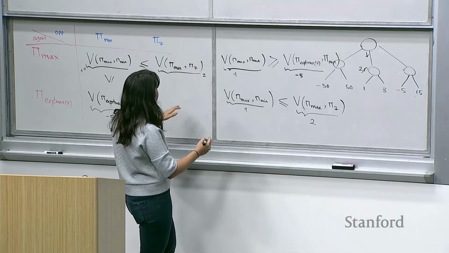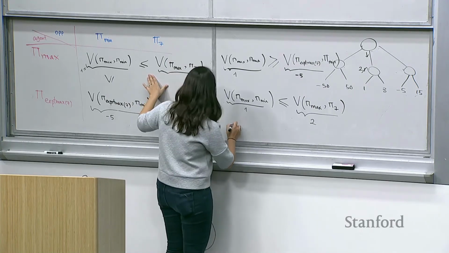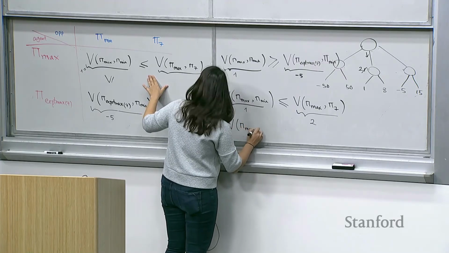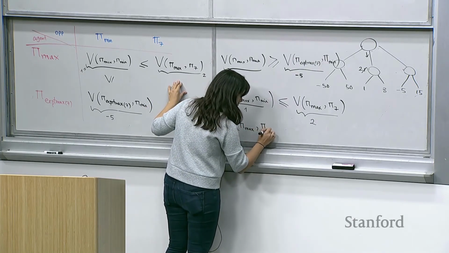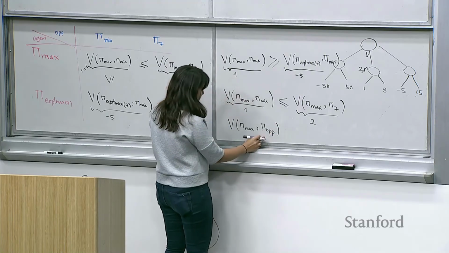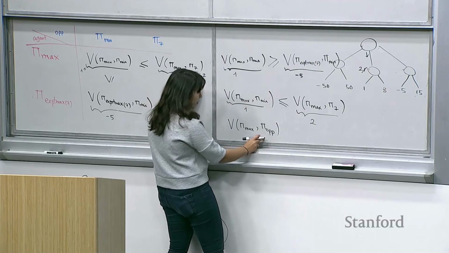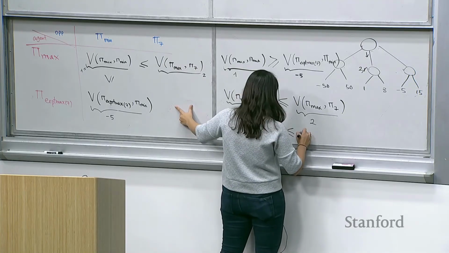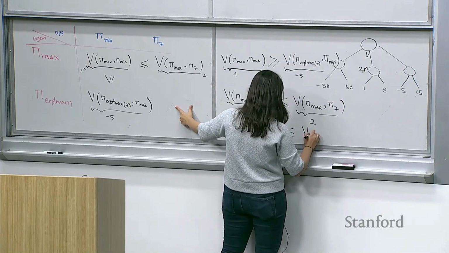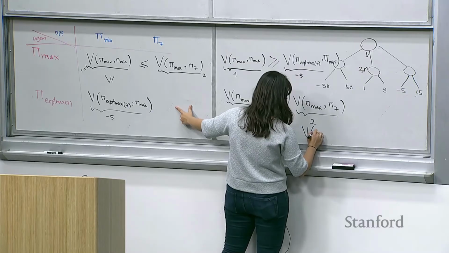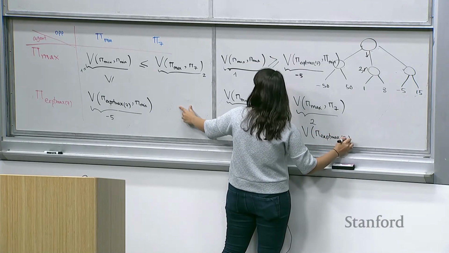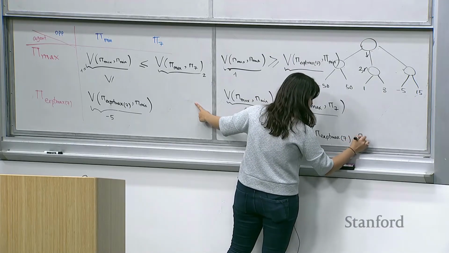So v of pi max and pi opponent, where you know the opponent is playing pi 7, is going to be less than or equal to v of pi Expectimax of 7, where the opponent actually follows pi 7.